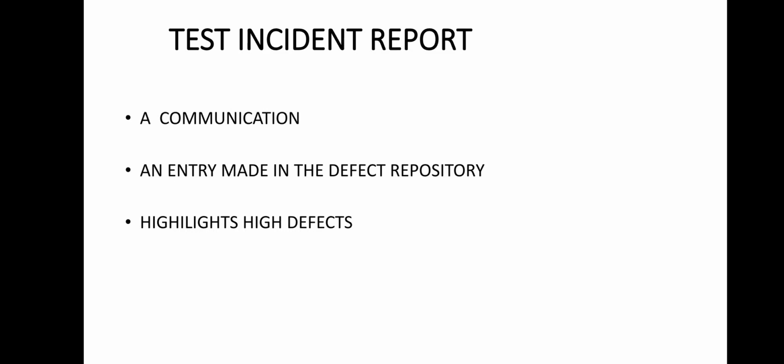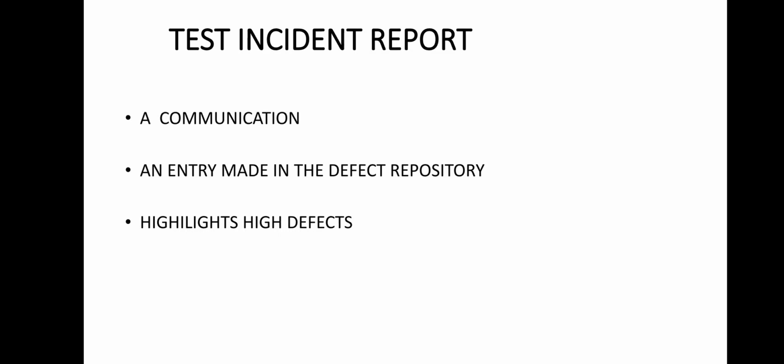Each defect has a unique identifier, a unique ID, and this is used to identify the particular incident. For the high impact test incidents, for example, if there are great memory bugs, we will say that it is a great defect or great incident.